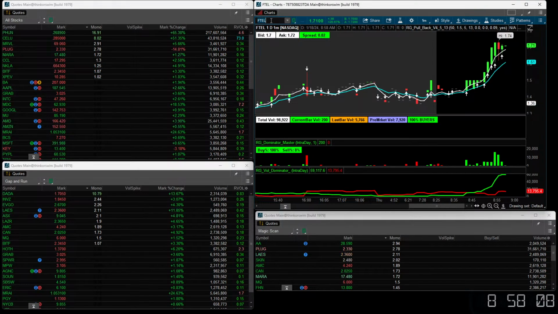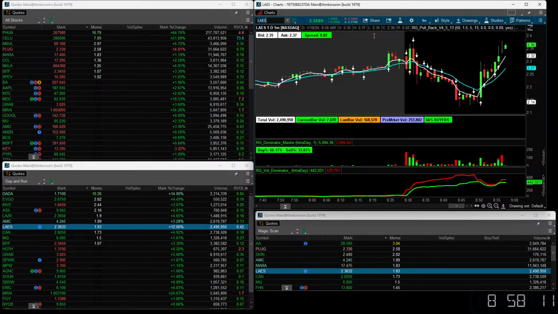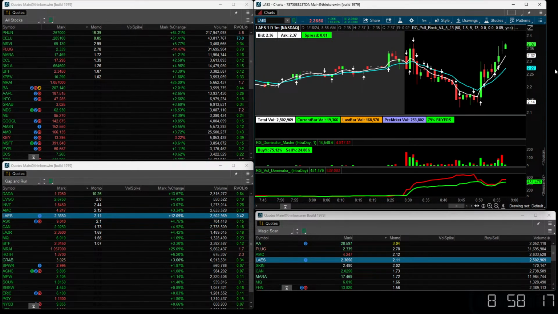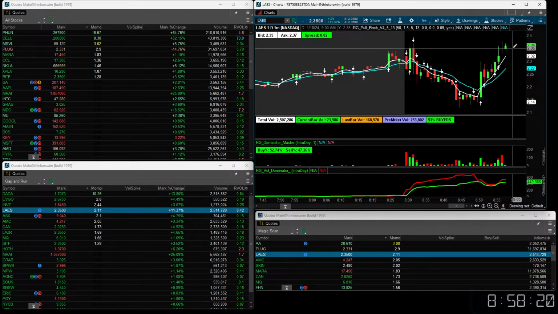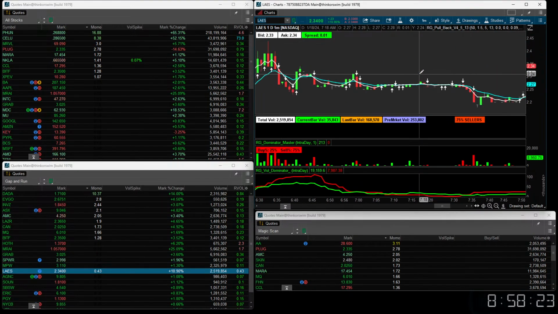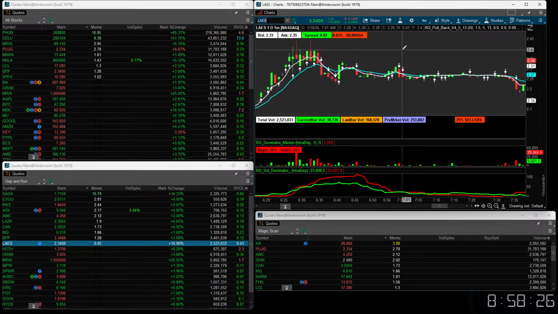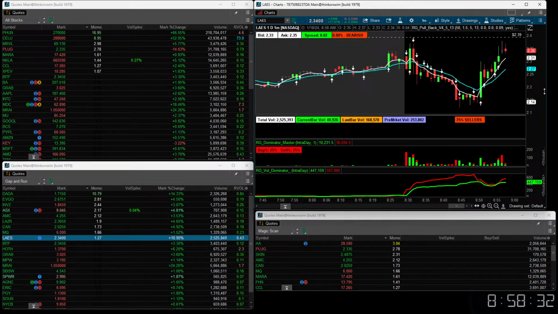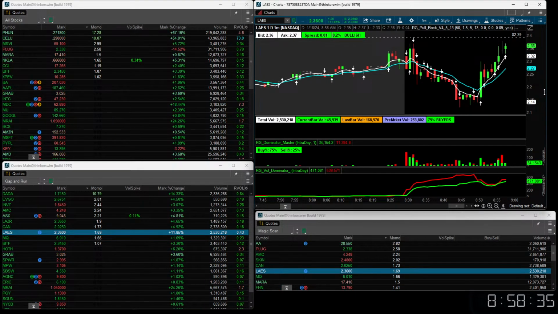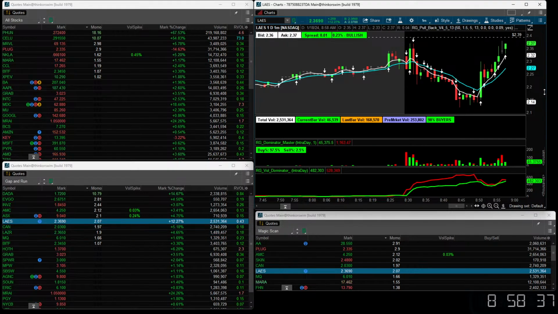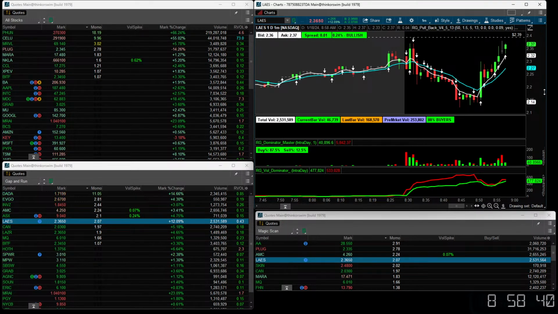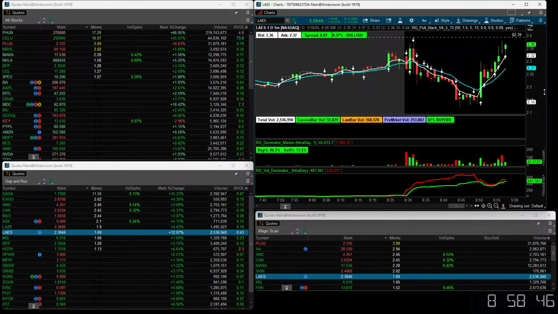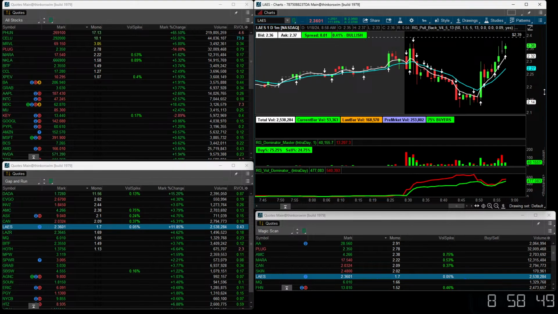LAES, I'll take a look at it. So if this stock is going to trend up, which is what I prefer, I like pullbacks on stocks that are trending up, not pullbacks on stocks that are falling.